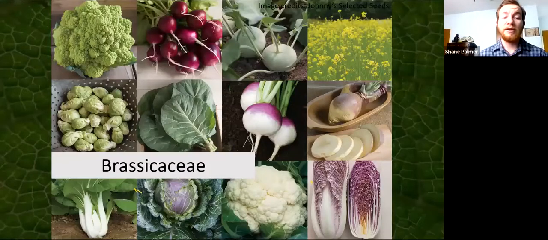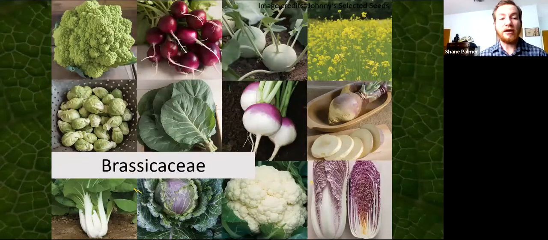They're pretty amazing plants, in my opinion. They consist of a lot of agriculturally important crops, as well as some agriculturally important weeds, and a great variety of plants with a whole lot of different parts that you can eat.